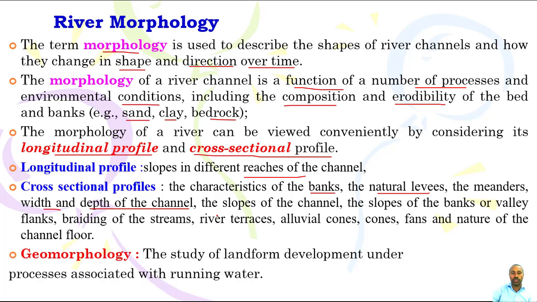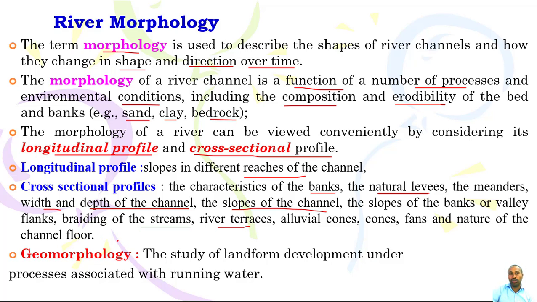We can see the cross-section depths and widths, how it is meandering, the side slope of the channel, valley flanks, braiding of the streams, river terraces, alluvial cones, and fans, and the nature of the channel floor can be treated as a cross-sectional profile.